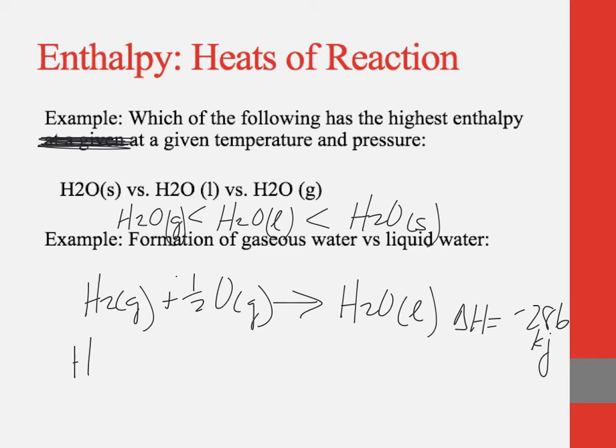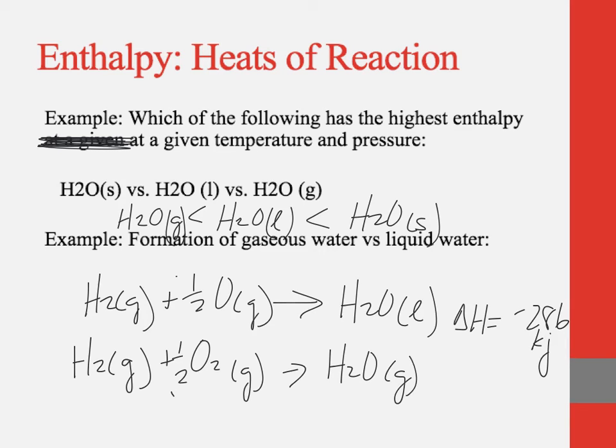And H2 gas plus O2 gas forming H2O gas is going to be negative 242 kilojoules. The differences in the change in energy reflects the difference in the energy content between a gas and a liquid.